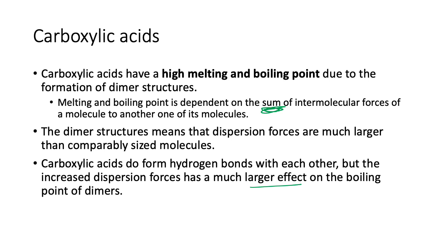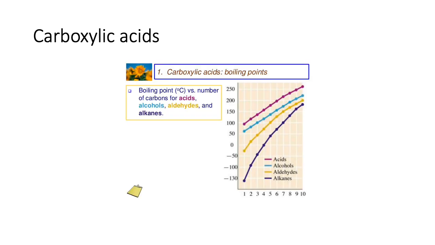Well, carboxylic acids. So let's have a look here. All right, this is the acids, alcohols, aldehydes, and alkanes, and you can see that acids have the highest boiling points. But the whole concept is there. What you're doing is, if you compare this one here, the carbon with number 2, you really are thinking about it's double the size of the thing.